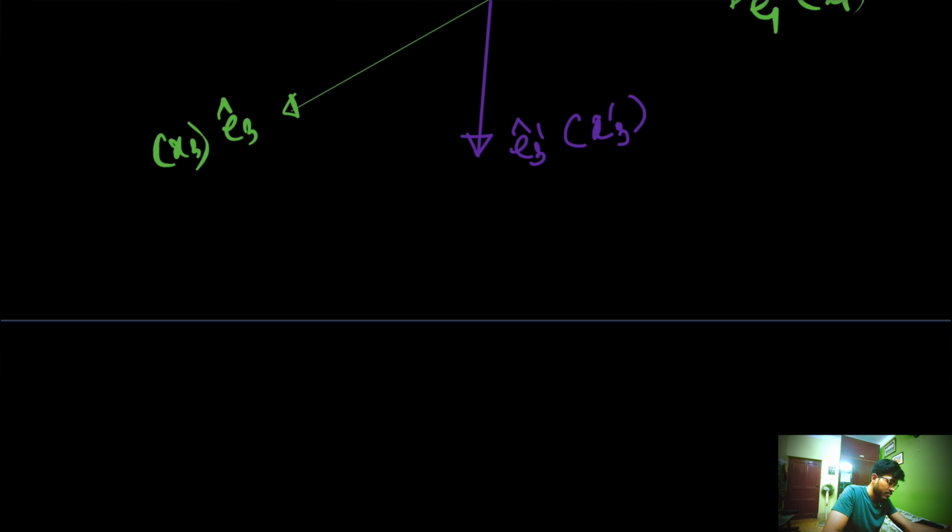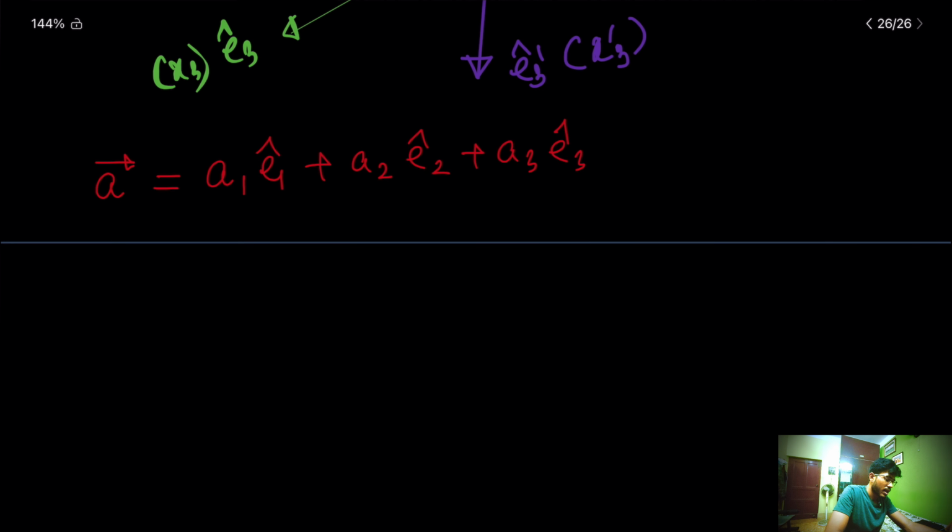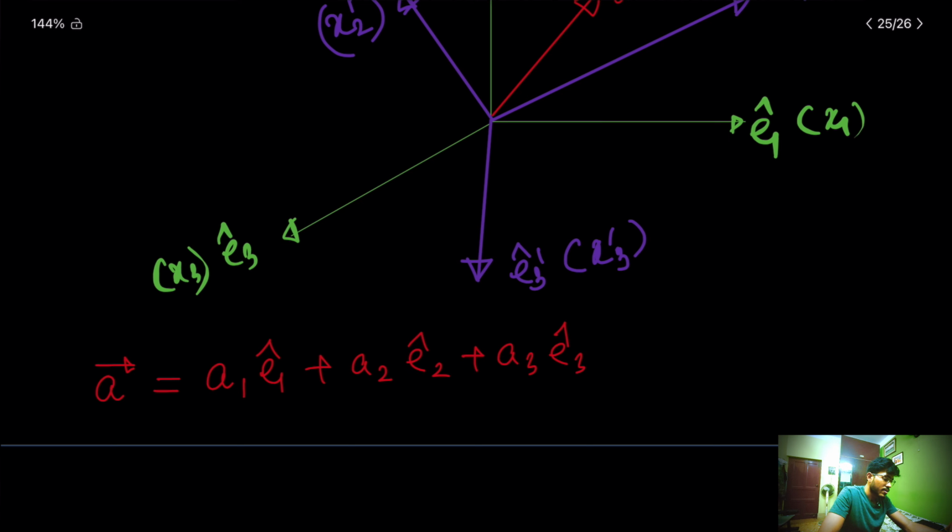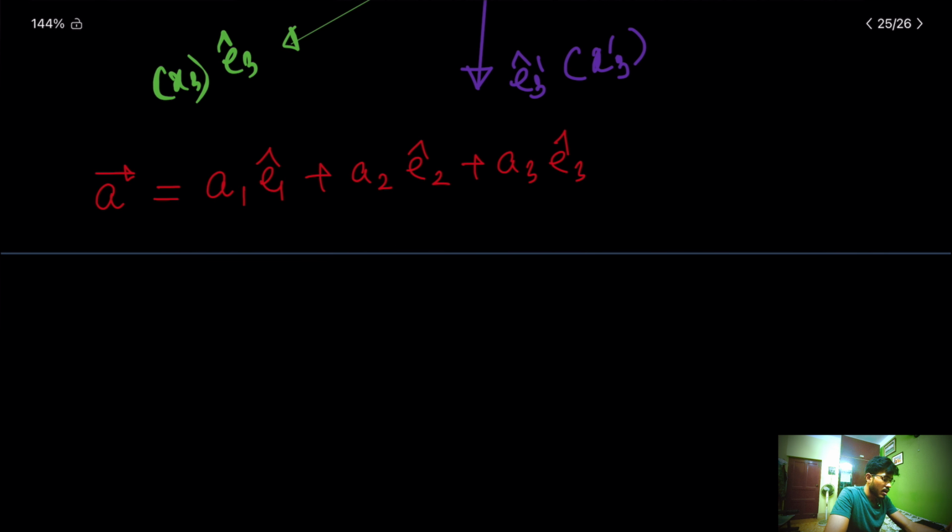A will be A1 E1 cap plus A2 E2 cap plus A3 E3 cap, and it is the representation in the x1 x2 x3 coordinate system.